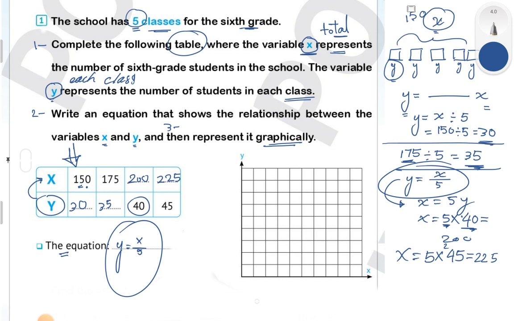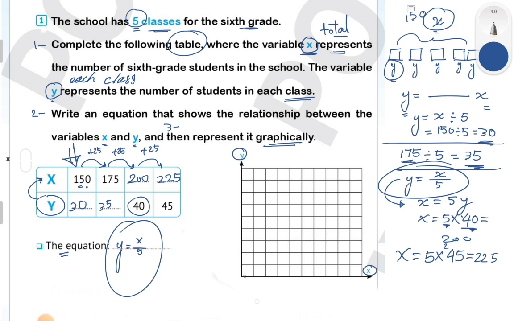Now I need to graph this relationship between x and y. I have x here and I have y here. Now, what's our step? Note with me. About x, I have 150, 175, 200, 225. You know that we add 25 each time. Now, my step will be 25.